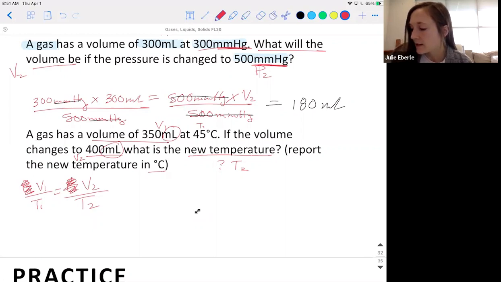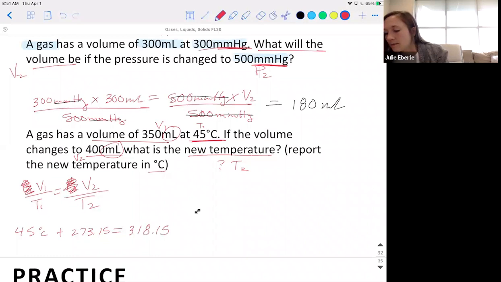To plug in the temperature I'm given, the 45 degrees Celsius, I'm going to convert that to Kelvin. So it's 45, degrees Celsius, plus 273.15. Is that 318? I think so. And that's Kelvin now.